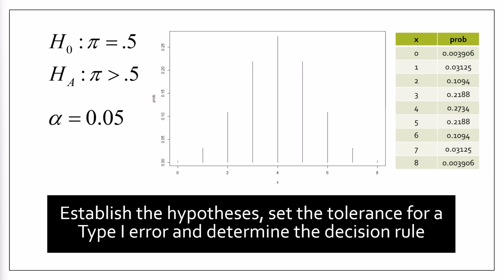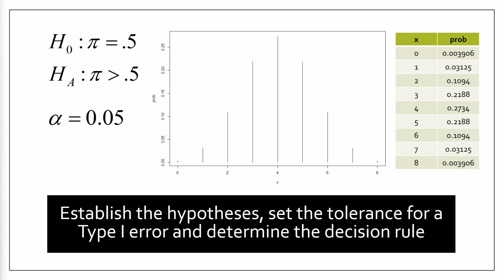Now we have to determine the decision rule. So how do we do that? Well, we start with the value that is most inconsistent with the null hypothesis and most in favor of the alternative. Well, the alternative says that pi is greater than 0.5. So what is most inconsistent with 0.5 and more consistent with the alternative?